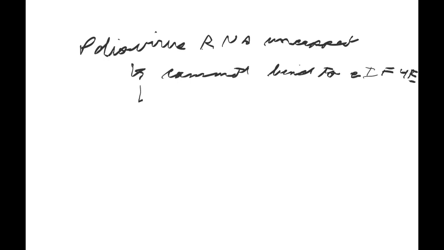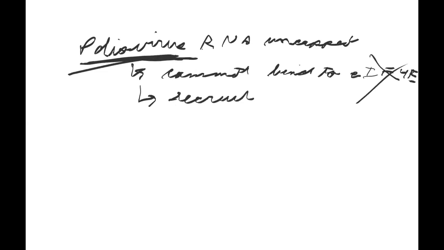So it doesn't use it. Nature has allowed the poliovirus to recruit that complex, the EIF4G, 4A, 4B, independent of the EIF4E.